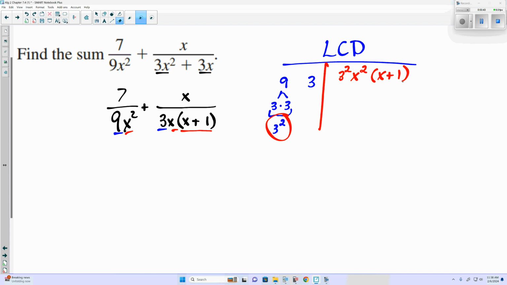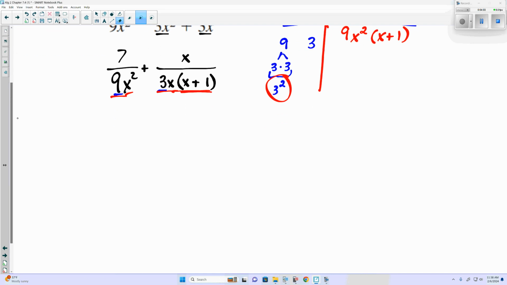It is the first thing we can turn 9x squared and 3x times x plus 1 into, and then be the same. Now we can simplify this a little bit because 3 squared is just what? 9. 9x squared times x plus 1 is our least common denominator. The first thing we can make both of these denominators be.